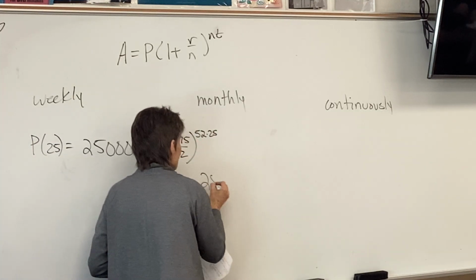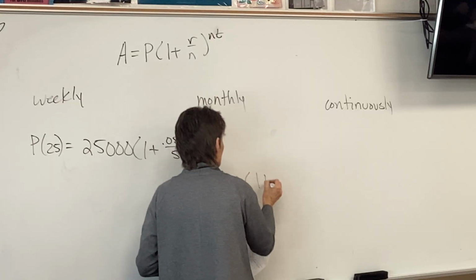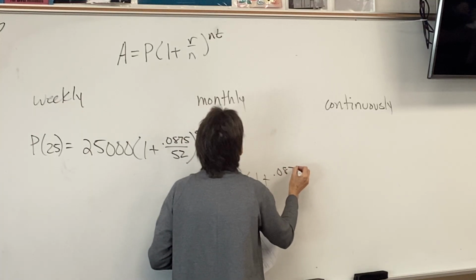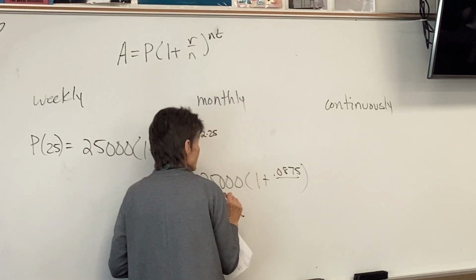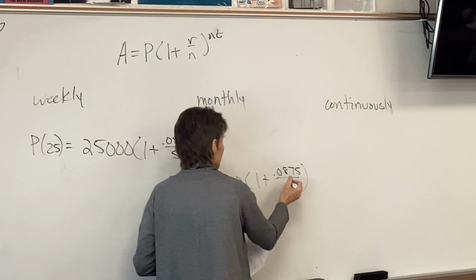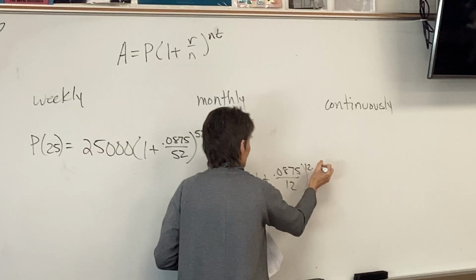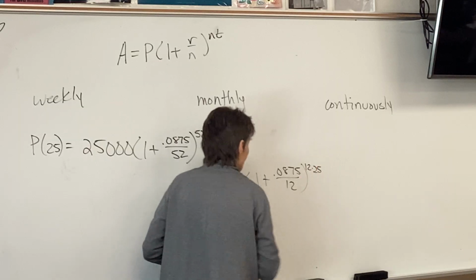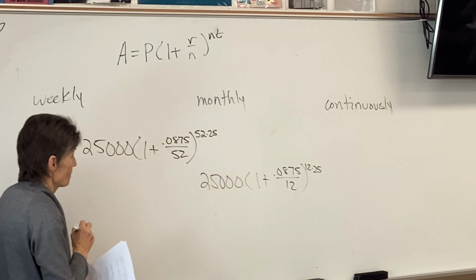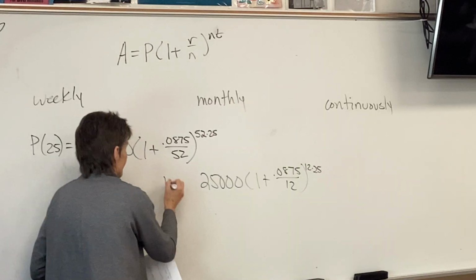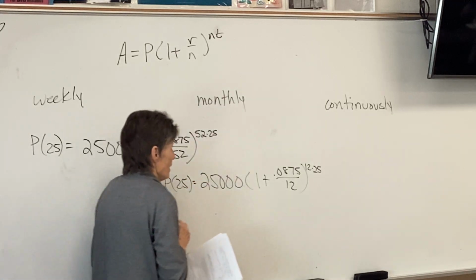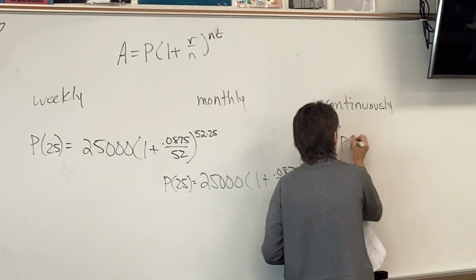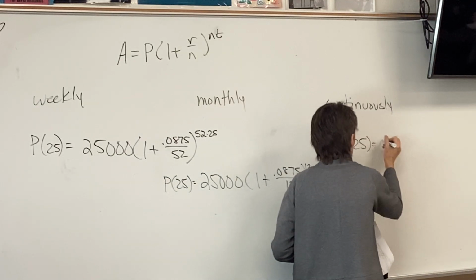Monthly will be exactly the same thing, only n would be 12. And then continuously is a whole different formula.